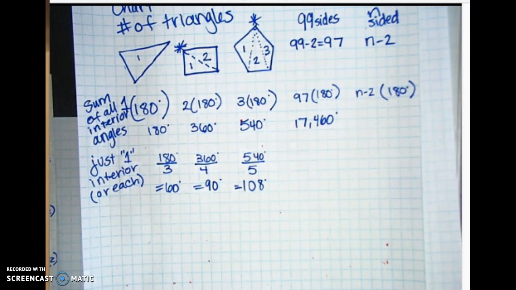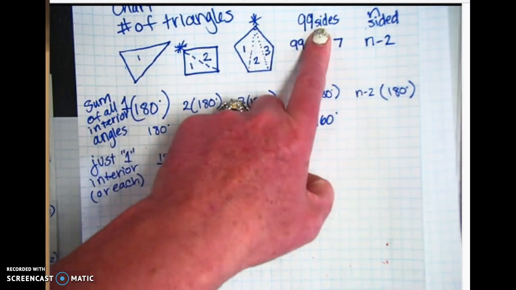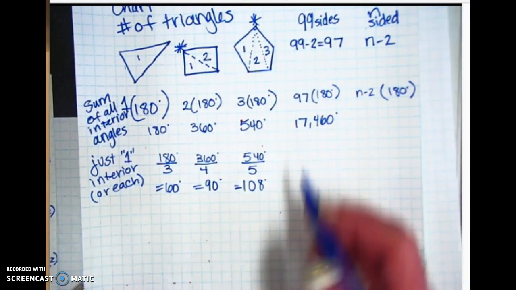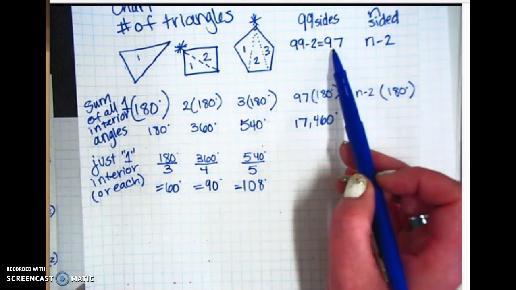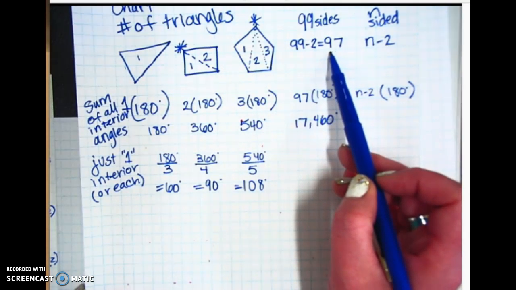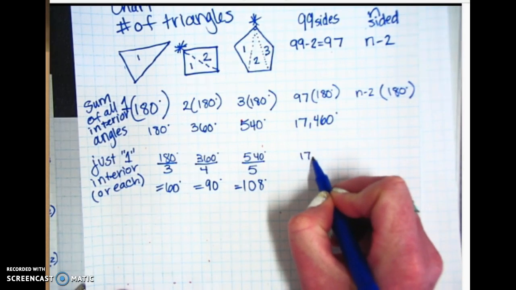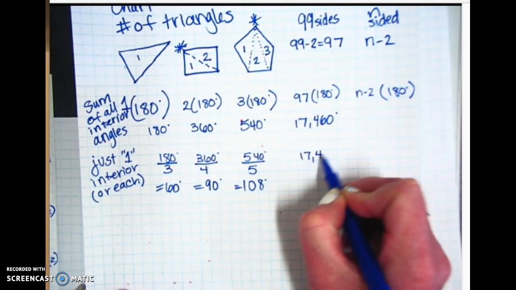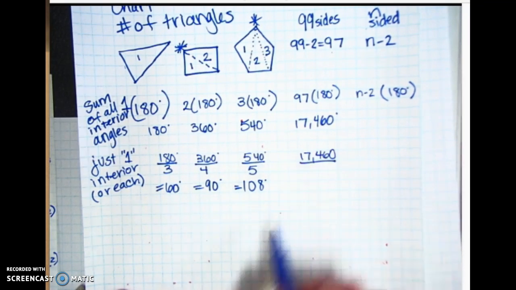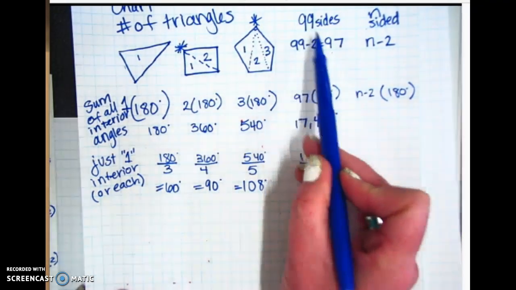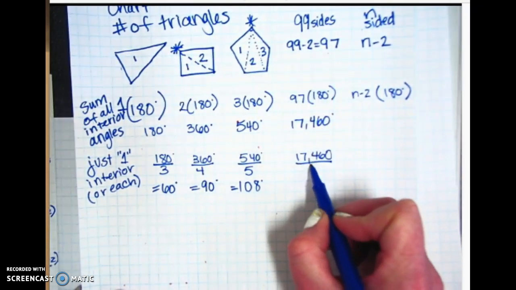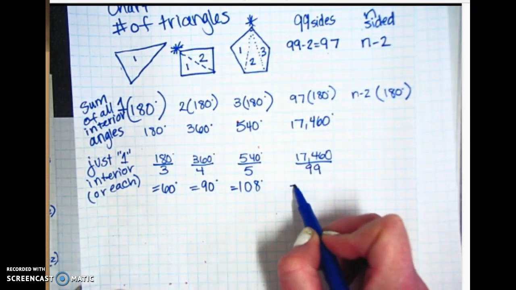Okay. Now let's do our 99-sided polygon. We subtracted 2 to get the number of triangles. Then we multiplied it by 180. And we got 17,460. So we divide it by the number of sides. Not by the number of triangles, but we need to divide it by the number of sides.